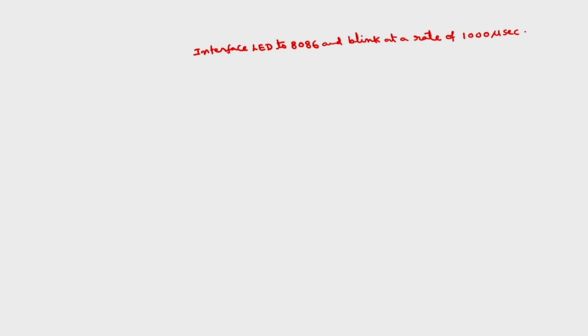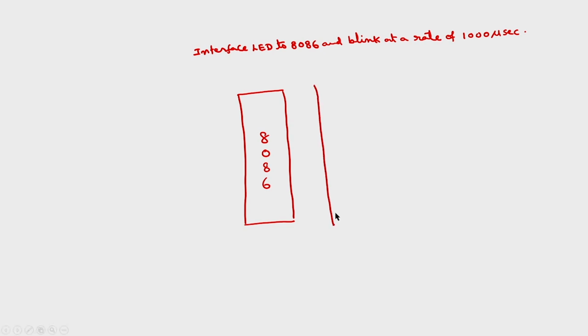Okay. So the 8086 and 8255 connections I have already discussed. This is 8086. I am going to program this LED through 8086 only, but we are going to connect an interfacing device in between.